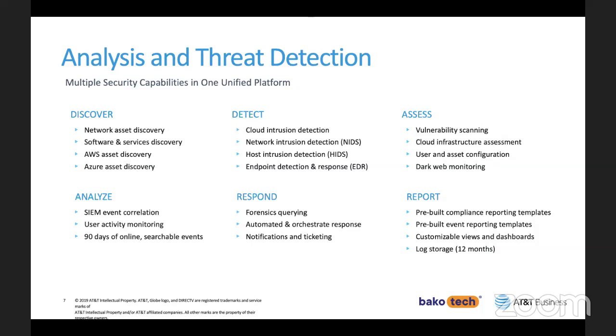Then assess: USM Anywhere has its own vulnerability scanner, and again it works with all parts of your infrastructure. It could help you with user and asset configurations, and it could monitor, with Alien Apps, compromised user logins or passwords.